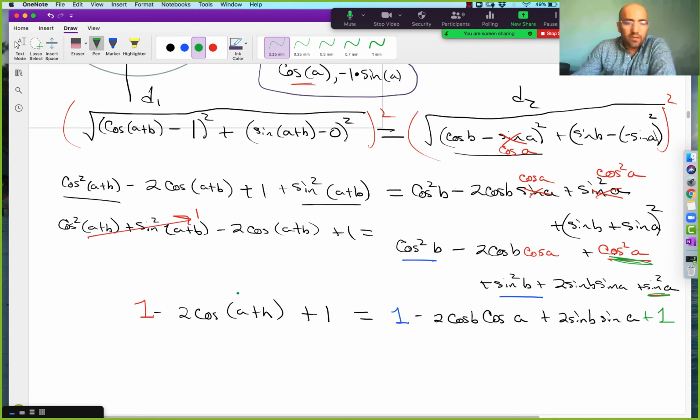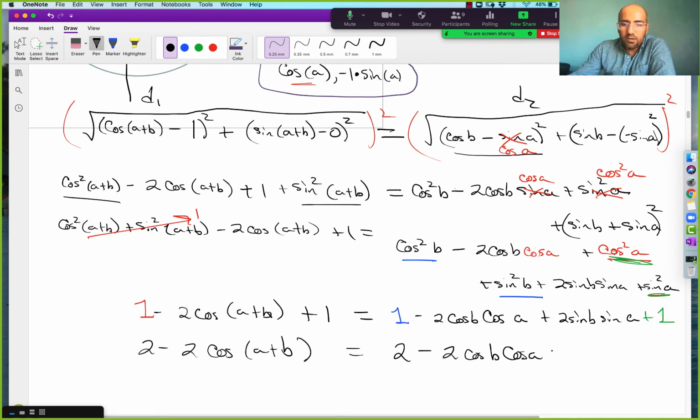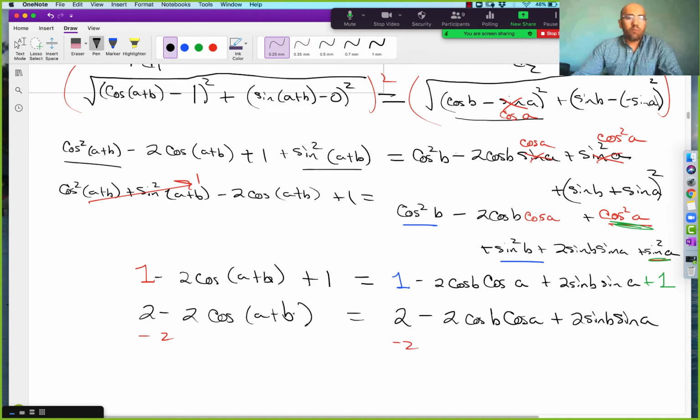Okay, so I'm going to combine these two ones to give me a 2 minus 2 cosine of a plus b equals 2 minus 2 cosine b cosine a plus 2 sine b sine a. Subtract 2 from both sides, and we're almost there.